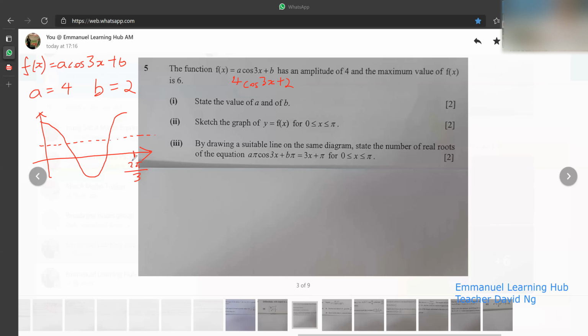One period is 2 pi divided by the coefficient of x. Do you understand this part? So 2 pi over 3, then this one is pi over 3. The last part is you have to draw up to here. So here is my pi.